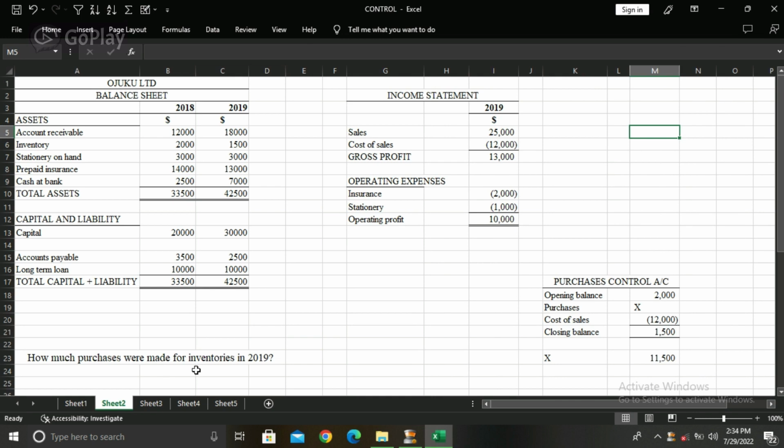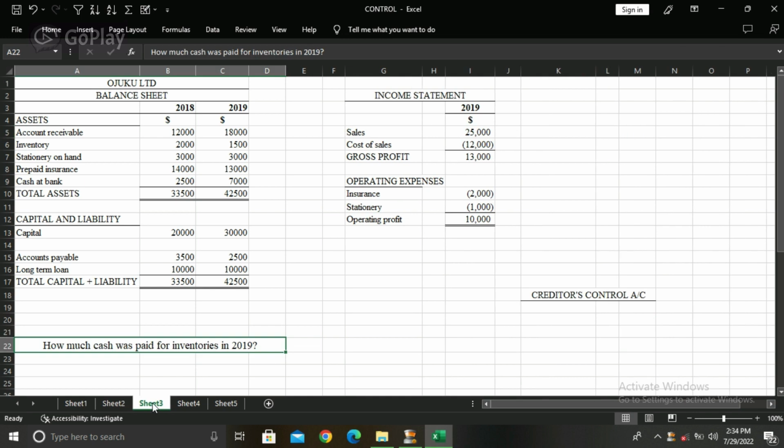But in ideal situations, in case you are not asked how much purchases were made, but you were just asked straightforward how much was paid for inventory or how much cash was paid for inventories, you have to first of all calculate for inventory purchases before you will be able to calculate for the amount of cash that was paid for inventory. But in this case, we have calculated for it in sheet 2.